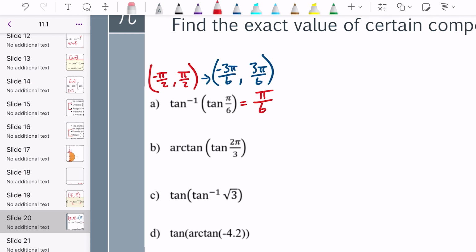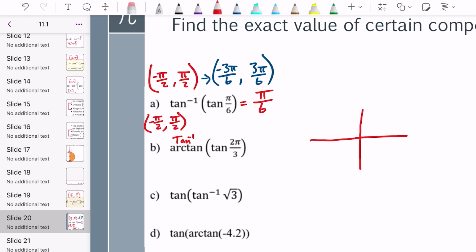Let's take a look at arctan. Now remember, arctan is the same as the tangent inverse, which would be negative pi over 2 to positive pi over 2. Now, in this case, what ends up happening is we are going ahead and graphing it.